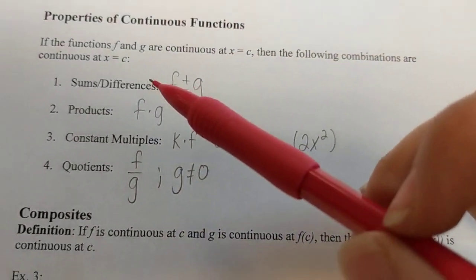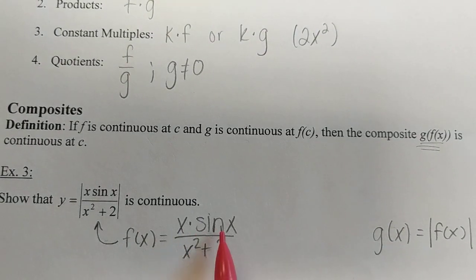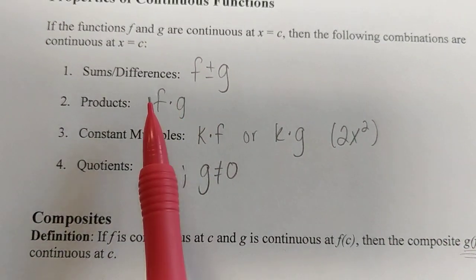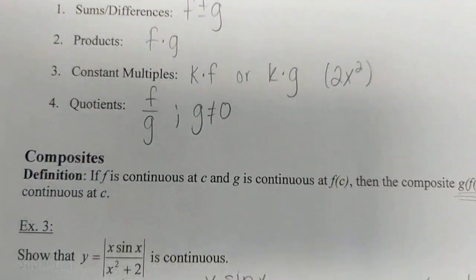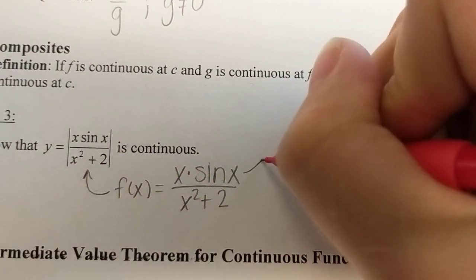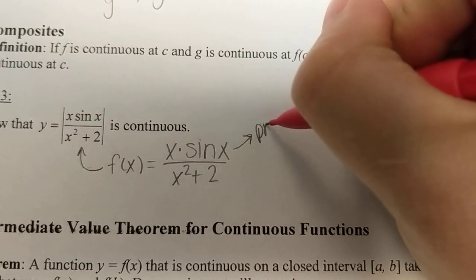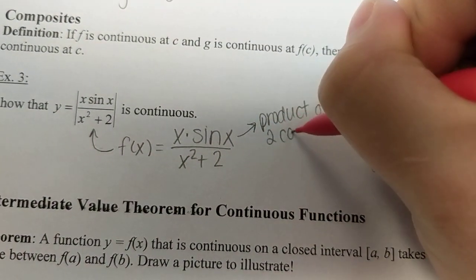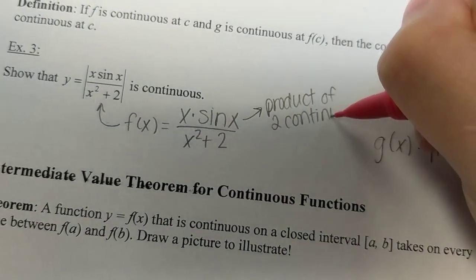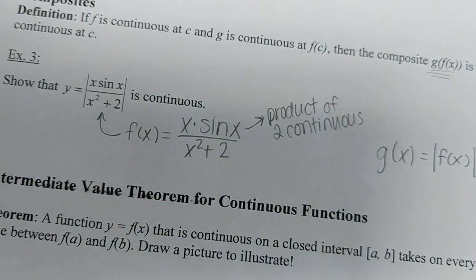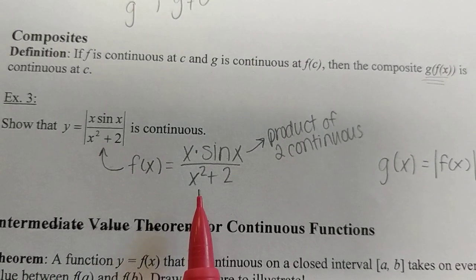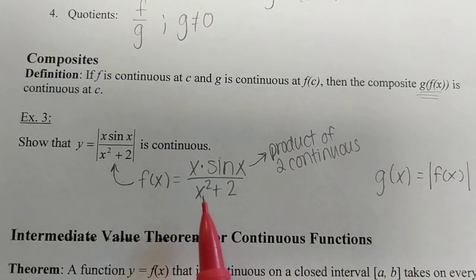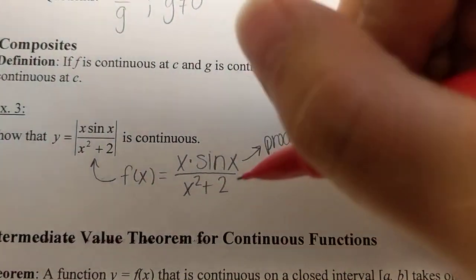So according to our definition up here, x times sine of x: x is continuous, sine is continuous. So according to this definition, I'm allowed to multiply those. I'm just going to put product of two continuous functions. And then down here, I have the sum of two continuous functions. x squared is continuous and 2 is continuous.